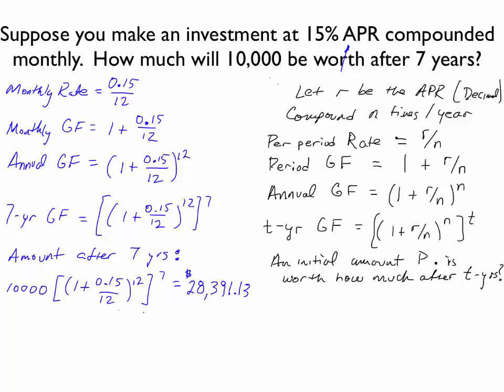You're going to take your starting output, multiply by the t-year growth factor to get the final output. So it's going to be P times (1 plus R over n) to the n, to the t. And we call that final amount A, and it's a function of how many years go by.